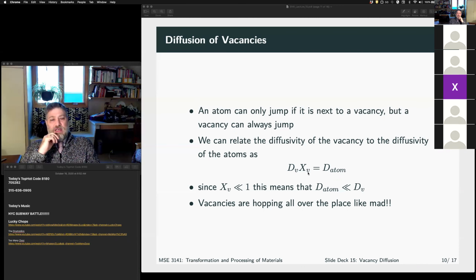Because if I only have one vacancy, that vacancy is going to move around, but the atoms are essentially going to be completely stuck in position, right? So this relationship is going to hold most of the time. The atomic fraction of vacancies is going to be quite small, so our atoms move at a much lower rate than our vacancies. Our vacancies are hopping all over the place like crazy, right?